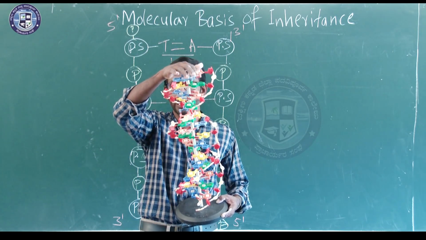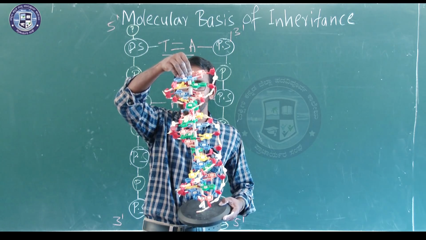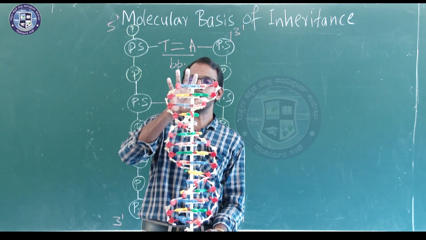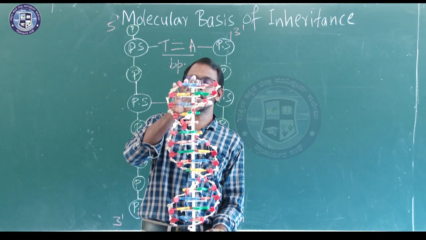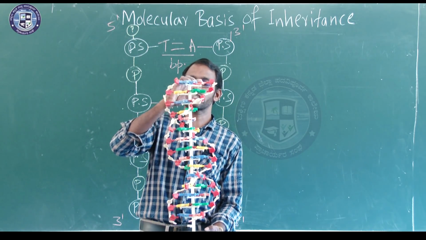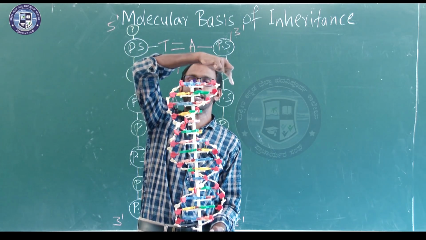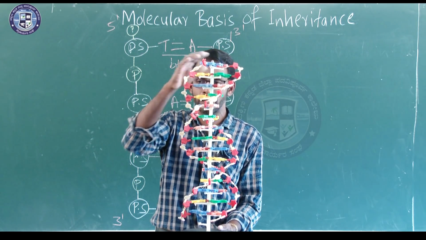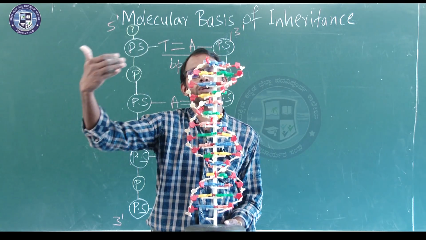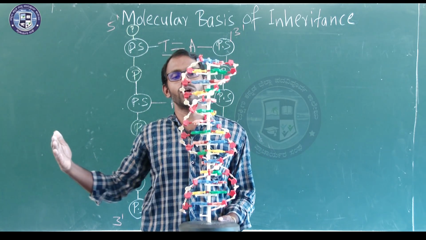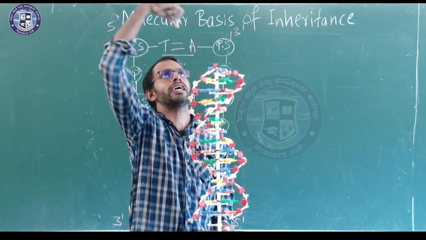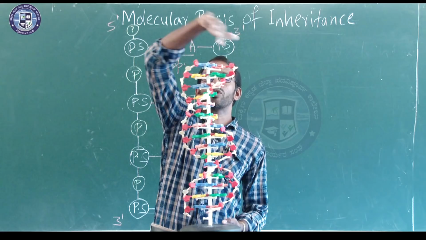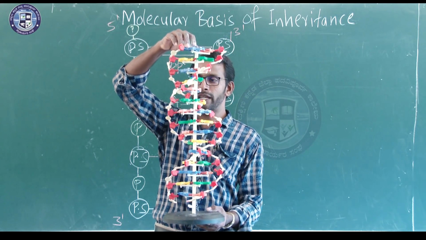Now, just imagine it like a ladder. In its final structure, this straight ladder got changed into a spiral step like structure, and the coiling observed here, you see, is from right side to the left. That is why it is called right handed coiling. Hope you got the idea.